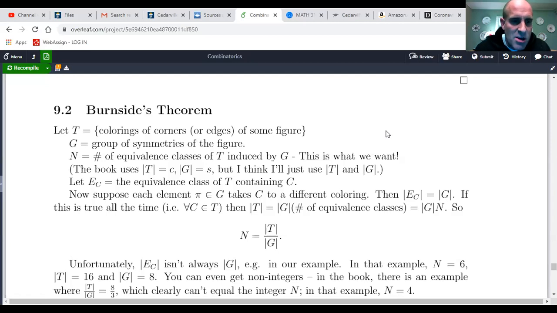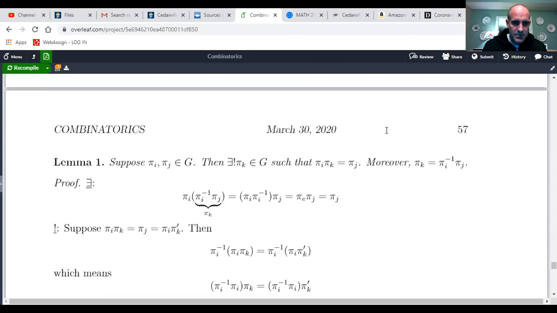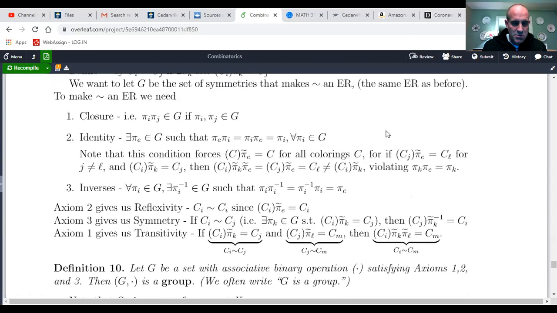And then G is some group of symmetries of the figure. Now what's interesting here is we don't necessarily have to take all symmetries. We can take any group of symmetries so long as they obey those things that we listed above. Namely, they have to be closed, the identity has to be there, inverses have to be there.